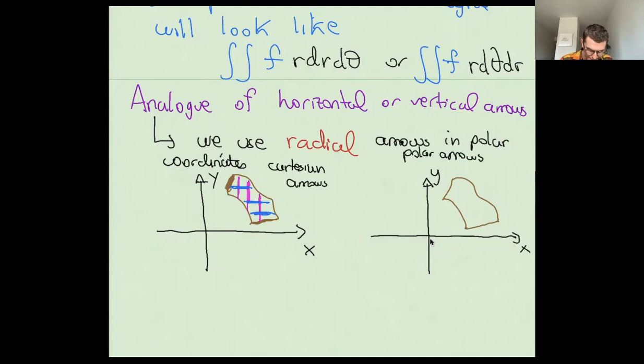Essentially, you look at where the radial arrows or radial lines enter the region and where they exit the region.